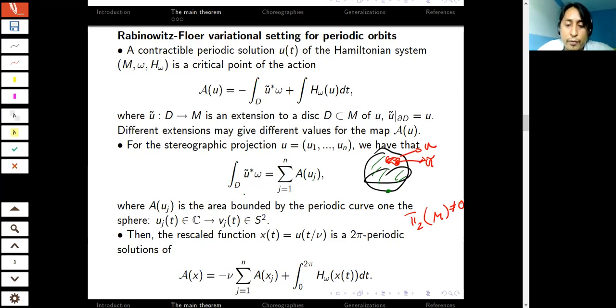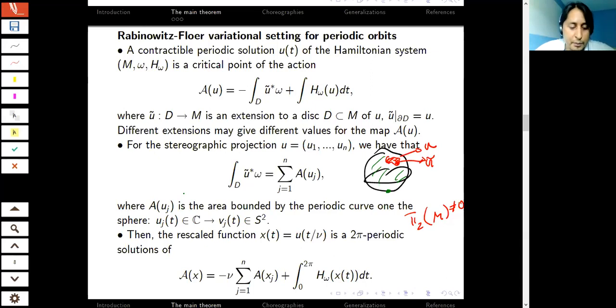I mean, u_j is a path in the complex plane, so I can send it to the sphere with the inverse of the stereographic projection, and that bounds a disk, and A of u_j is that area.